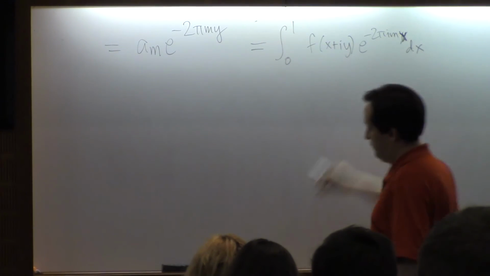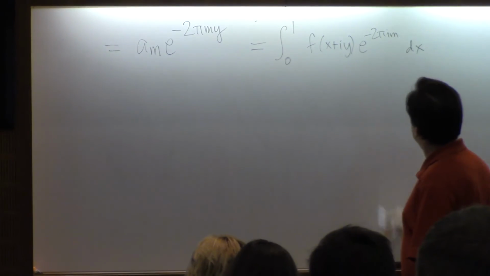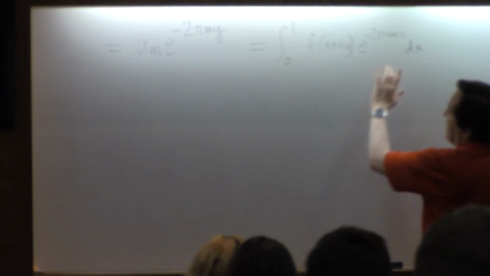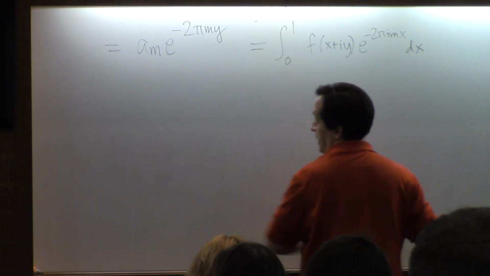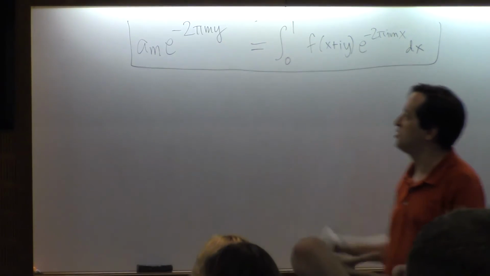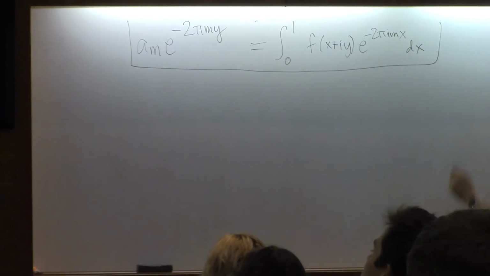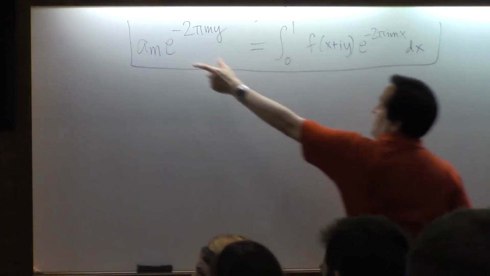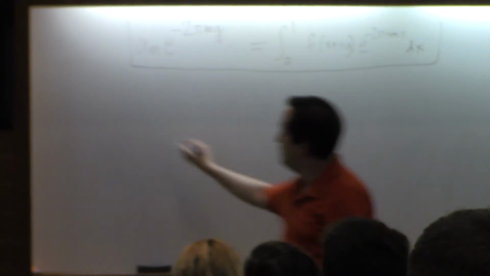So by integrating this against that, I've pulled out a formula, almost a formula for the mth coefficient times an exponential factor for every single number m. Fix the y bigger than 0. There's a formula for this term as an integral, and now I'm going to use that bound.